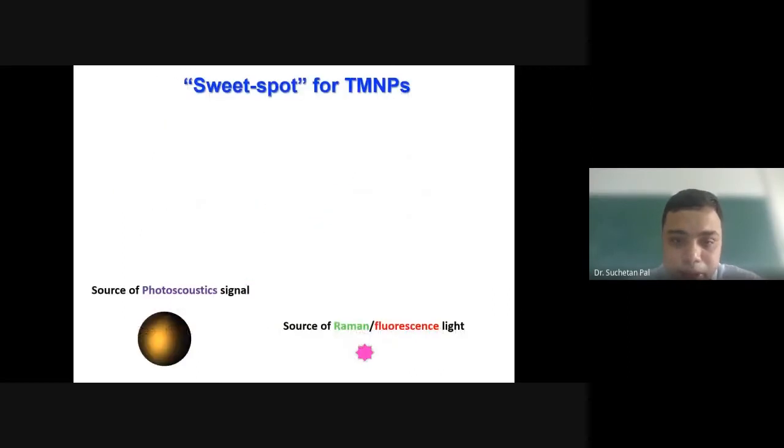So let me briefly tell you about these two different modalities, Raman and fluorescence light, that we are using in this nanoparticle. If you understand a little bit of the photophysics of dyes, you can say that Raman and fluorescence light don't exist simultaneously. In normal conditions, fluorescence light is very strong and Raman light is very weak.